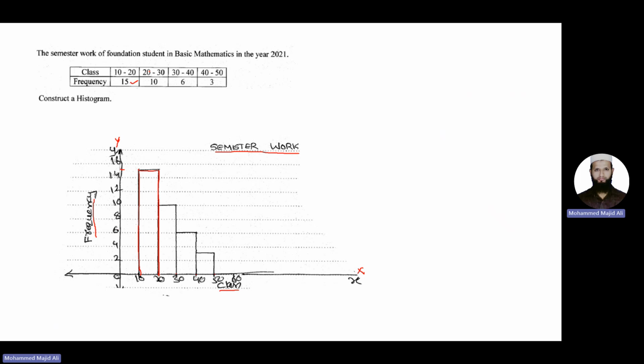Next interval 20 to 30. Frequency is 10. This is a continuous function, so we'll be taking the bar of height 10 from 20 to 30.